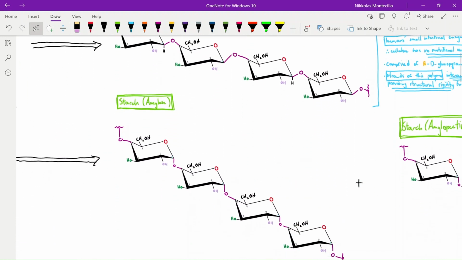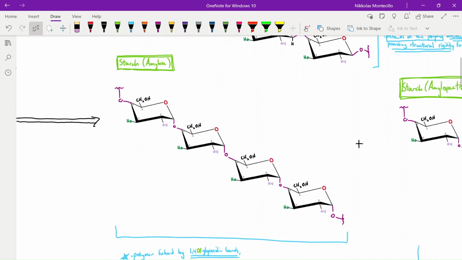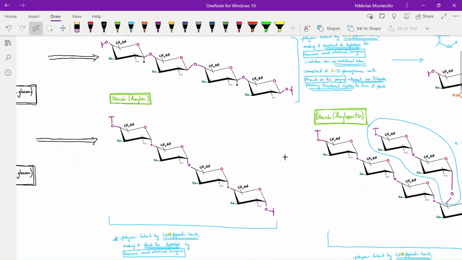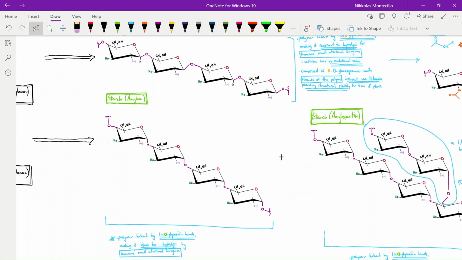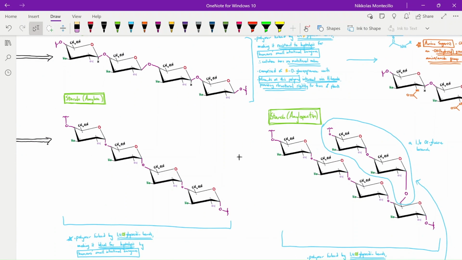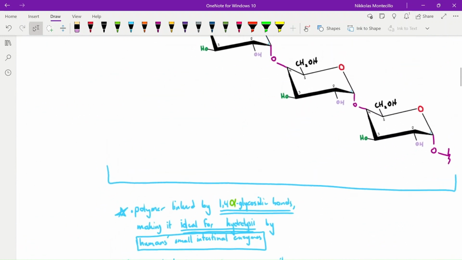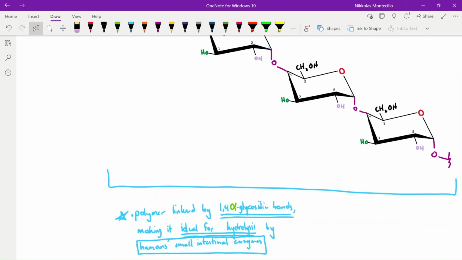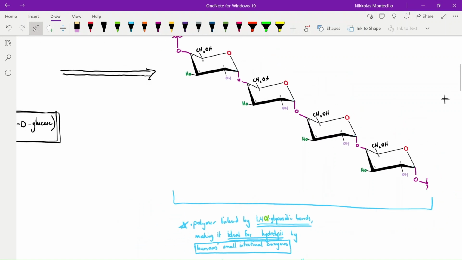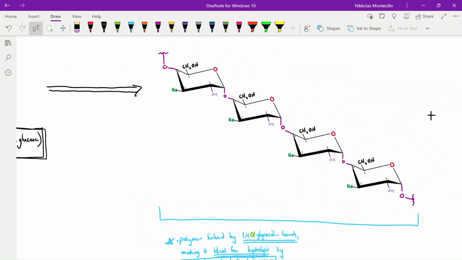Next up, we have starch, and starch comes in two forms. There's starch amylose and starch amylopectin, okay? Now, amylose is a polymer linked by 1,4 alpha glycosidic bonds, making it ideal for hydrolysis by human small intestinal enzymes, because there do exist enzymes for the breakdown of starch or amylose, and the enzyme for this is called amylase.